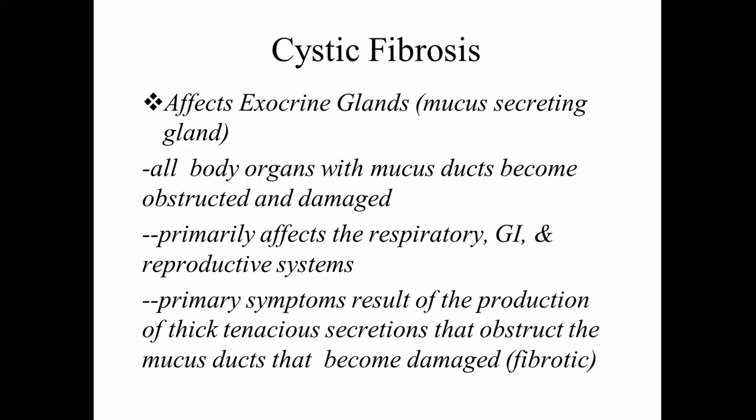So all body organs with mucus ducts become obstructed and damaged, and they become fibrotic. So the primary symptoms are the result of the production of the thick secretions that obstruct the mucus ducts, and then eventually they become fibrotic and damaged.